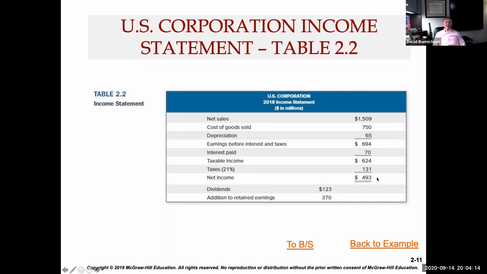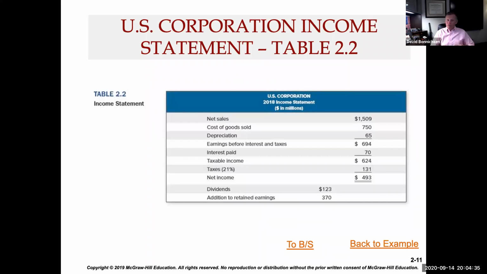And then here we go. At the end of this operating period, U.S. corporation had $493 million left over. And the financial managers had to sit there and decide, all right, now what do we do? Well, we only have two choices.